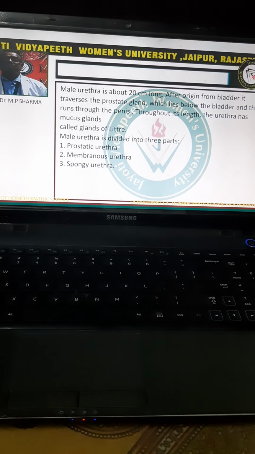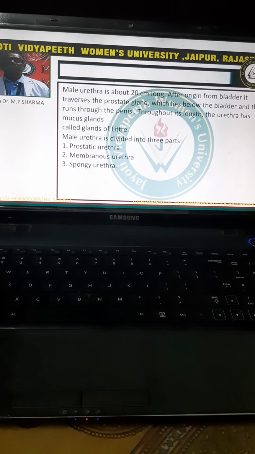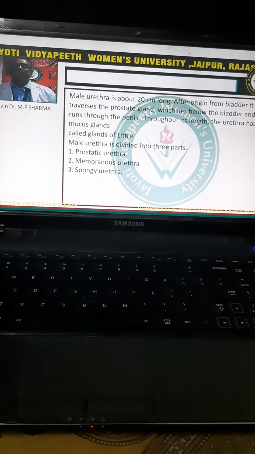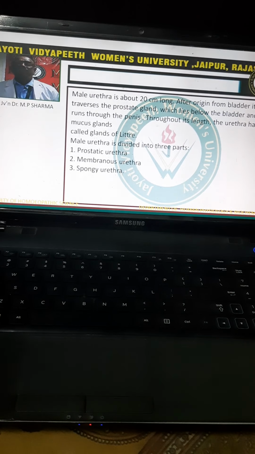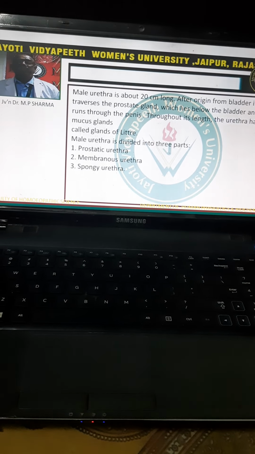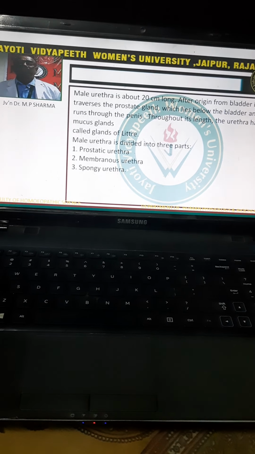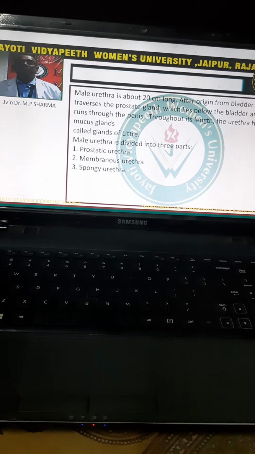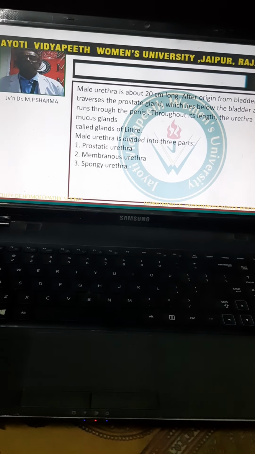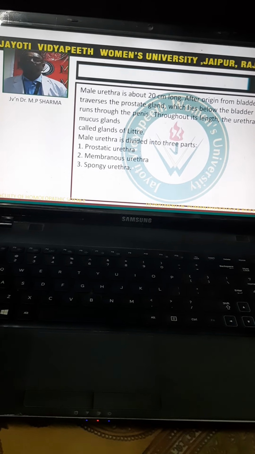After origin from the bladder, it travels through the prostate gland, which lies below the bladder, and then runs through the penis. Throughout the length, the urethra has mucous glands called glands of Littre. The male urethra is divided into three parts: prostatic urethra, membranous urethra, and spongy urethra.